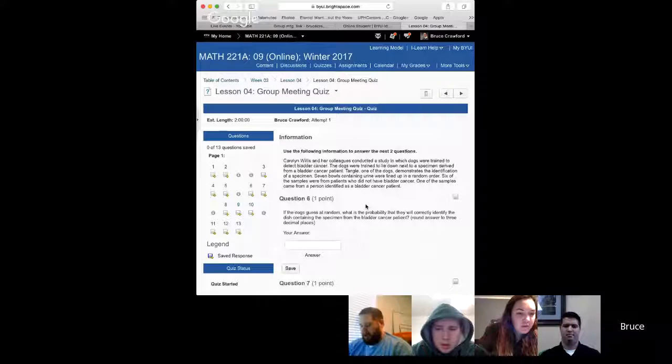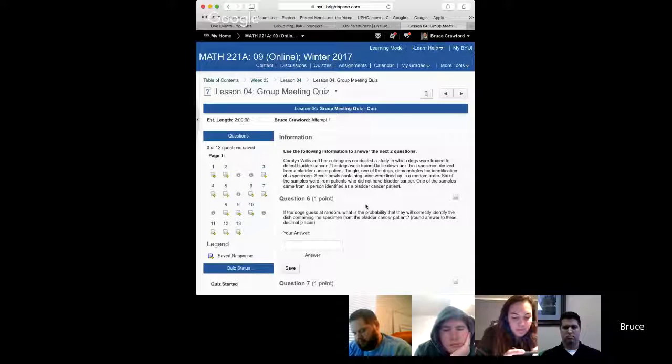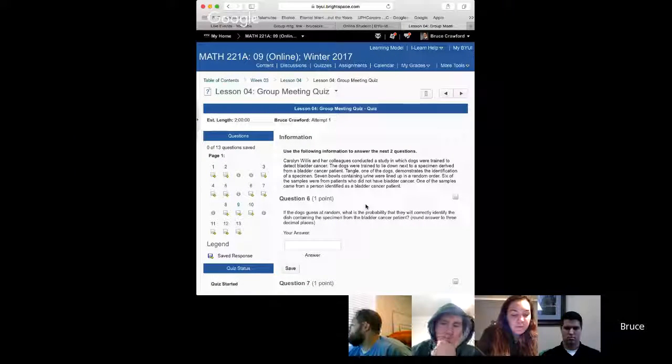Carolyn Willis and her colleagues conducted a study in which dogs were trained to detect bladder cancer. Dogs were trained to lie down next to a specimen derived from a bladder cancer patient. 7 bowls containing urine were lined up in a random order. 6 of the samples were from patients who did not have bladder cancer. 1 of the samples came from a person identified as a bladder cancer patient.